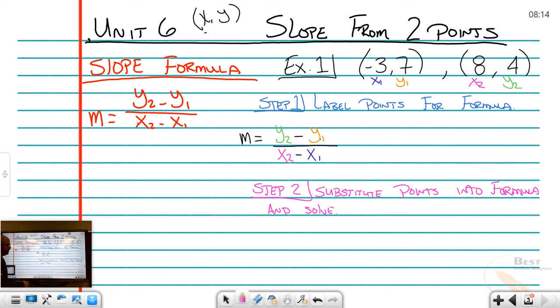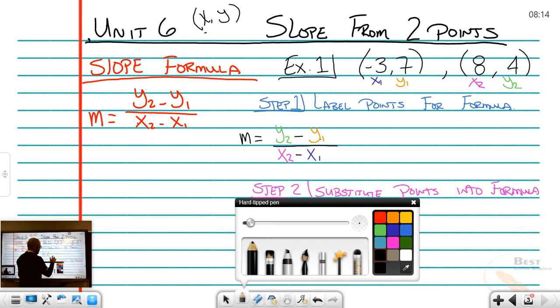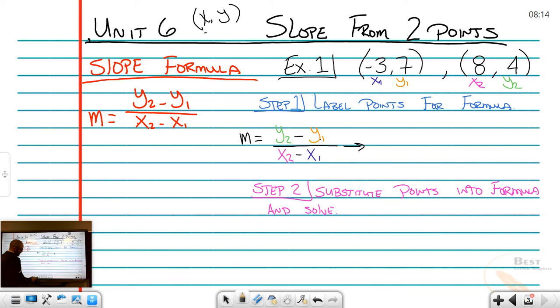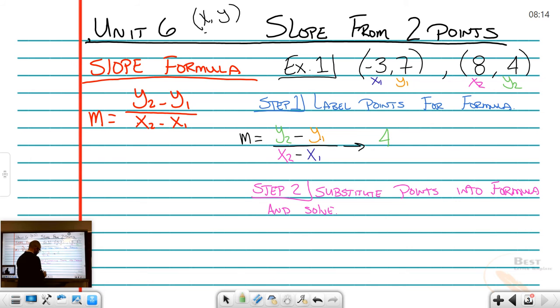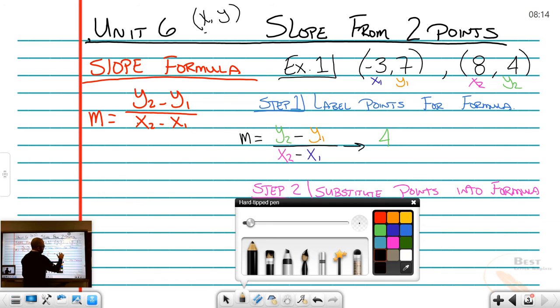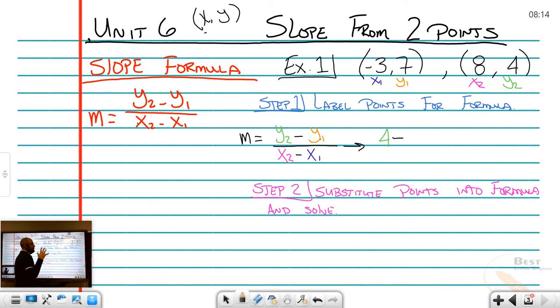Okay, we're going to substitute into our formula and then we're going to solve. So let's sub them in. So y2 is 4 minus, here's what's important. This is minus whatever y1 is. If y1 was negative, do not assume that this subtraction sign represents a negative. Okay, it's minus whatever this number is.